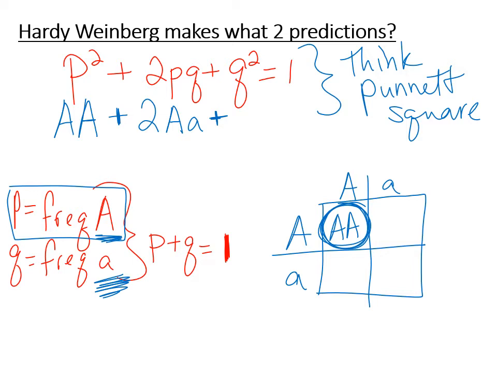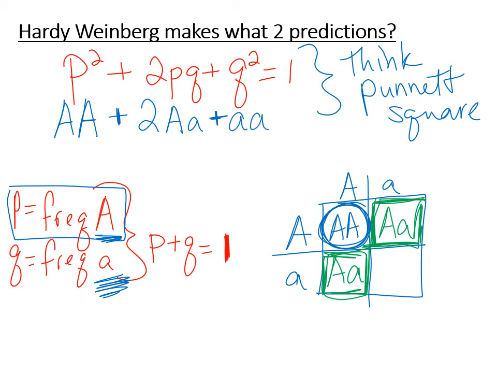Well, let's go back to our Punnett square. Capital A, lowercase a, capital A, lowercase a. Look, 2 of the heterozygous genotype, right? And then what's left? There's one more left, q squared. That's the third genotype, the fully recessive one. And what do you know from our little Punnett square?